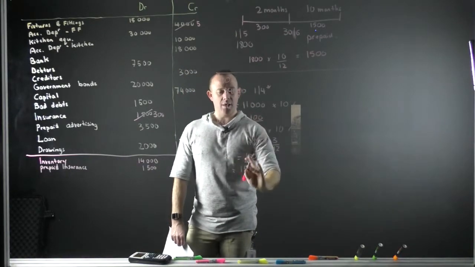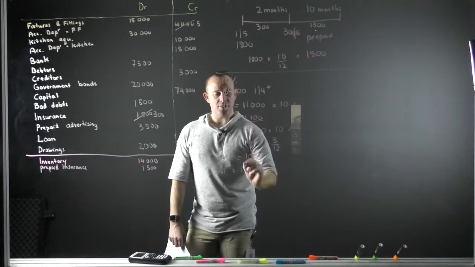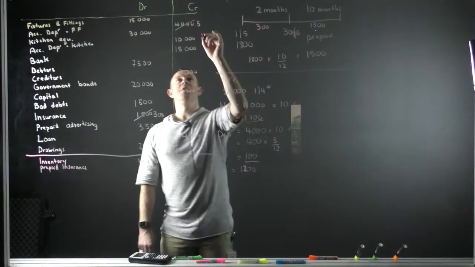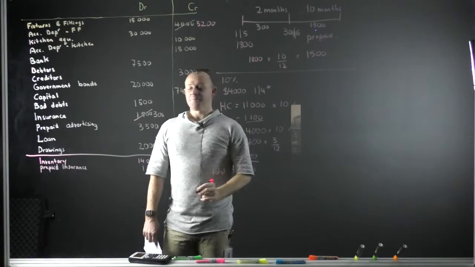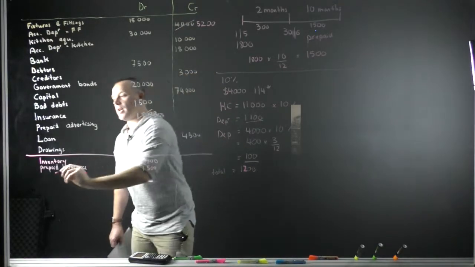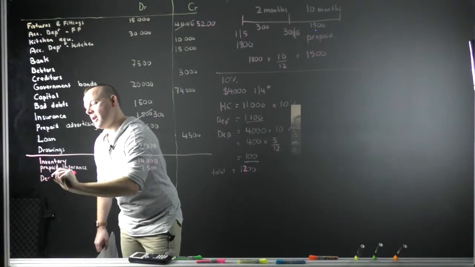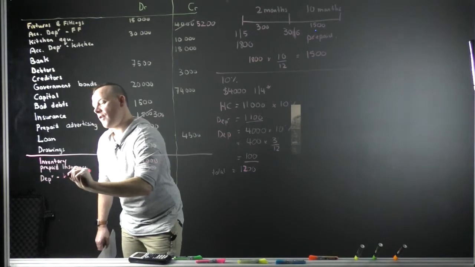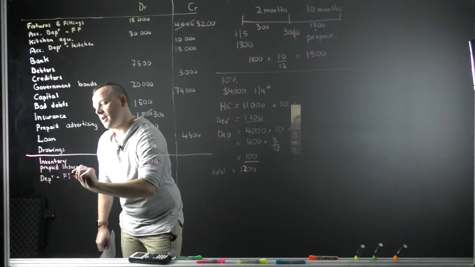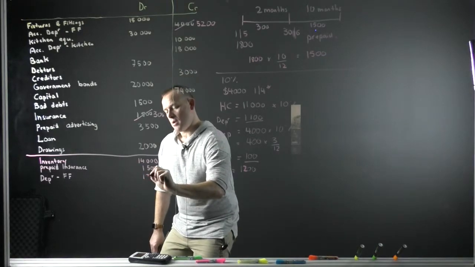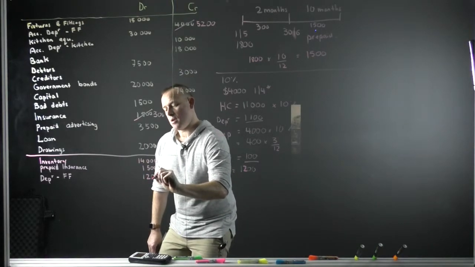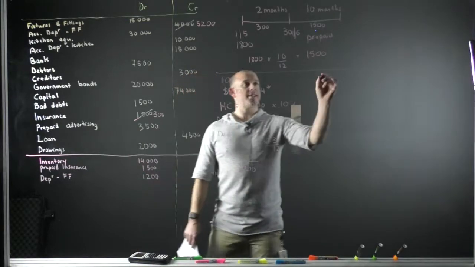That will be 1,200. And then over here we're going to write depreciation, furniture and fittings, and it is 1,200. That is that one done.